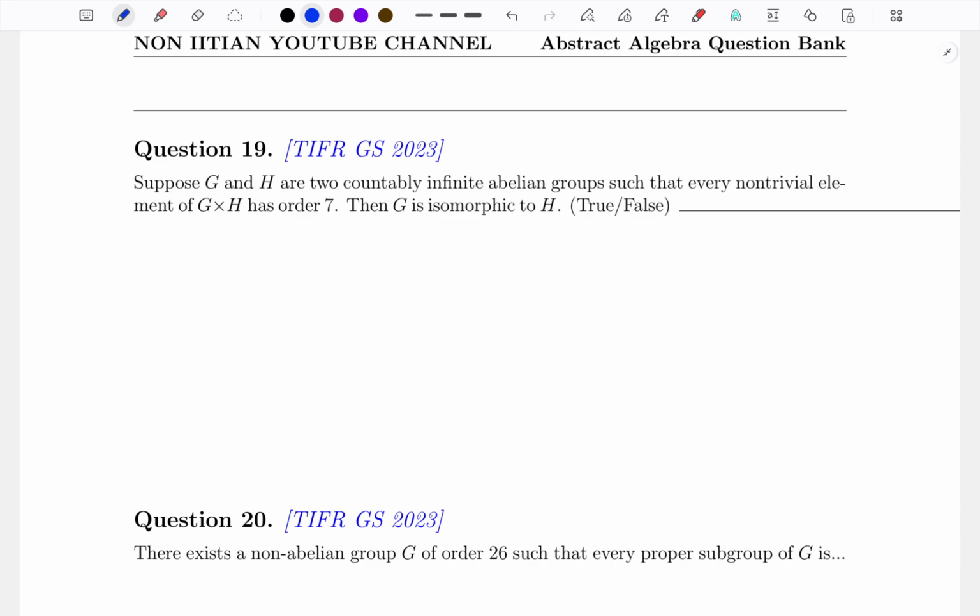First of all, if every element of G cross H is of order 7, then G cross H will obviously be a p-group, an infinite p-group it will typically be. Okay, let's try to consider a proof of this.